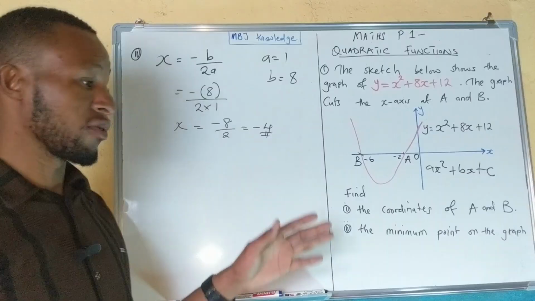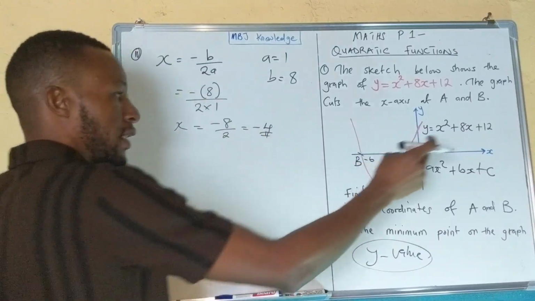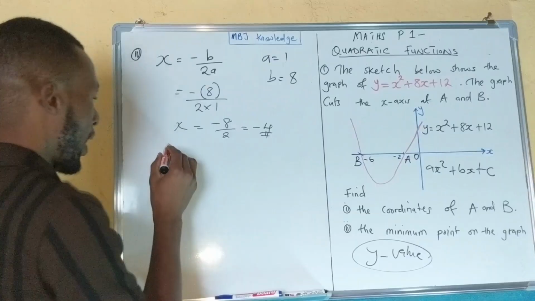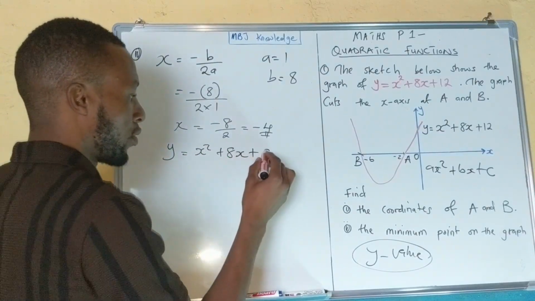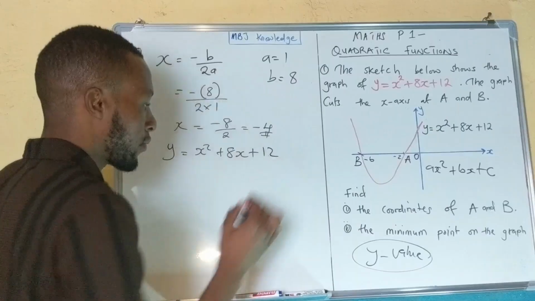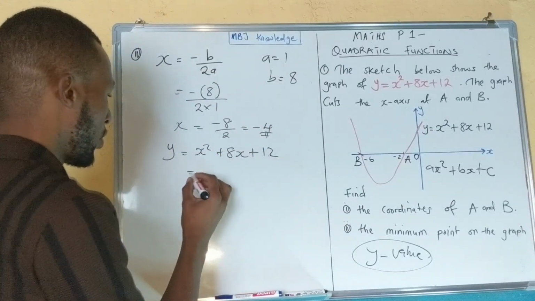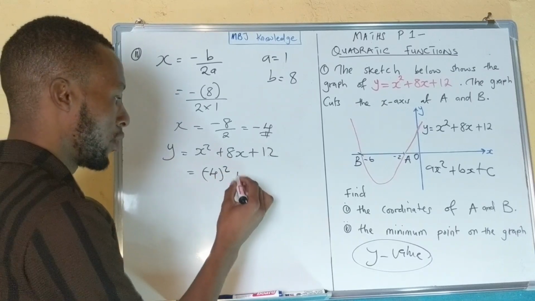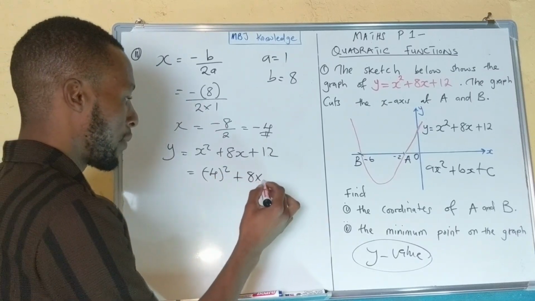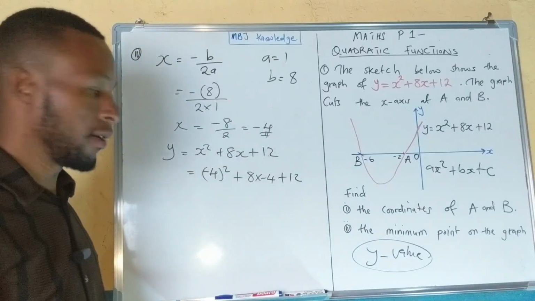Okay, remember they're asking us to find the minimum point. We proceed. So now what we're going to do, we'll bring down this same equation and we're going to solve for y. So where there's x, we're going to substitute a negative 4. So here, negative 4 in brackets to the power 2 plus 8 times negative 4 plus 12. Okay?